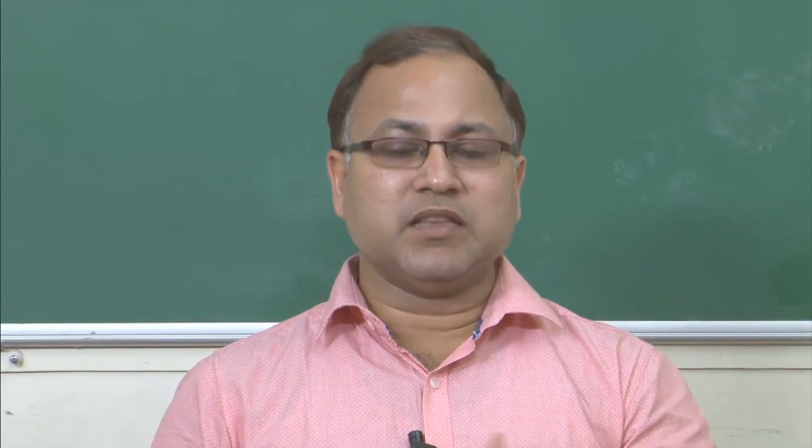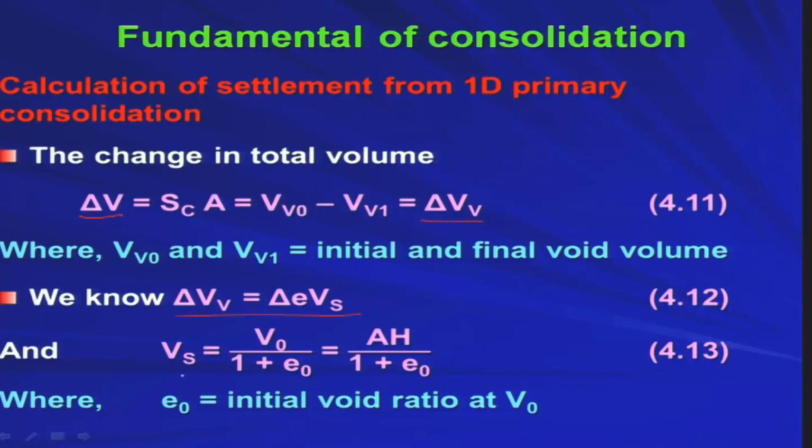So, delta V_V is equal to delta e into V_s. From this I can write V_s is equal to V naught by (1 plus e naught), which we can establish from the definitions we covered earlier for void ratio. So, V_s, the volume of solid, is equal to V naught divided by 1 plus e naught.